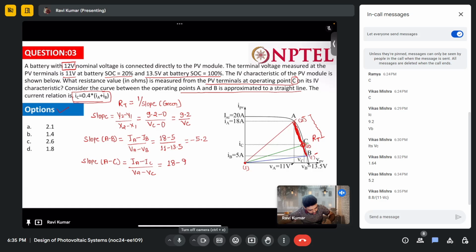It's 9.2. What is the value of VA? It's 11 minus VC.